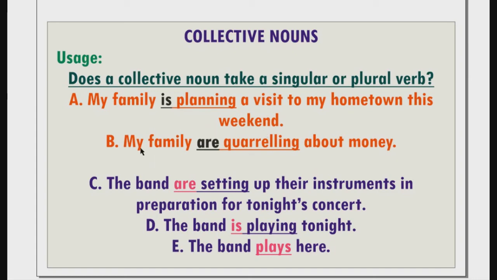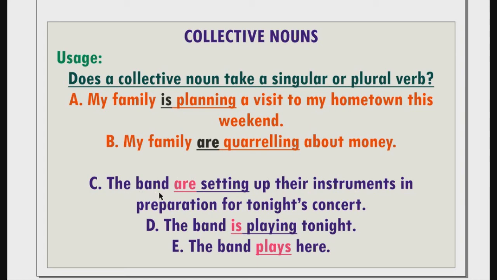In example B, here we have, my family are quarreling about money. In this case, the action of the verb shows that the family is divided. Obviously, the family is not acting as a united body, as a unit. Therefore, plural verb is appropriate.